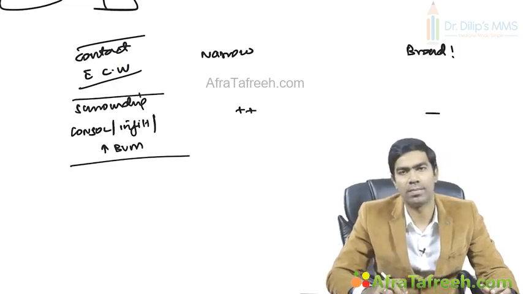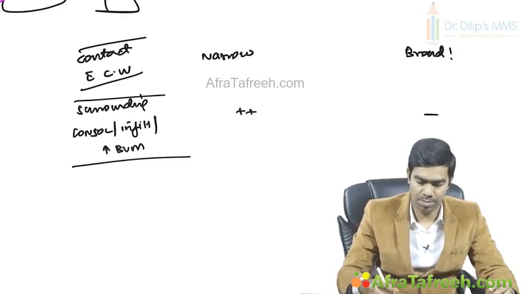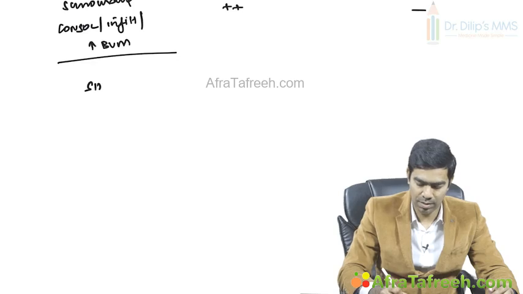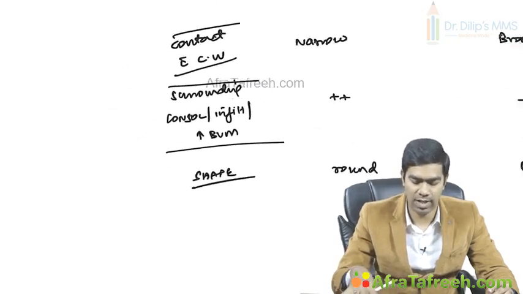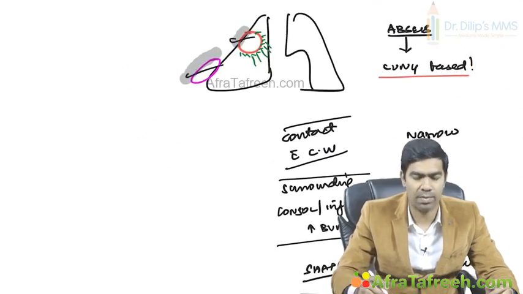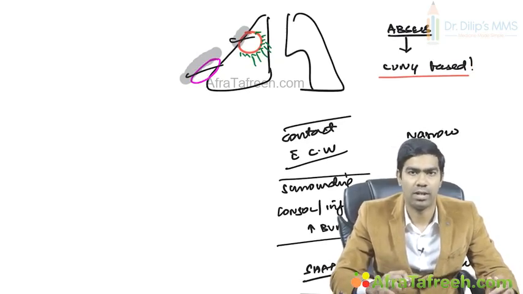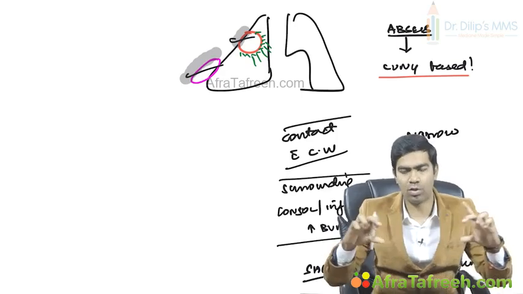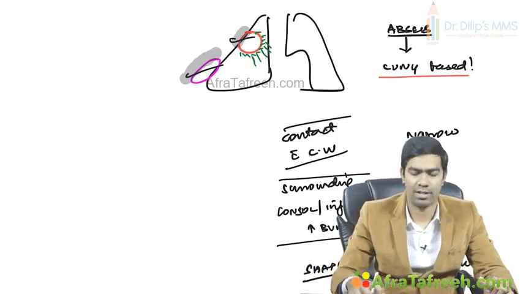You don't get this in an empyema. And obviously the shape of the lung abscess tends to be more round and spherical, whereas the shape of the empyema tends to be more lenticular. That's why naturally my hand went that way, like lung abscess I drew round and empyema I drew in a lenticular fashion, because it's located between the two pleural surfaces. So it tends to be naturally a lenticular shape only.